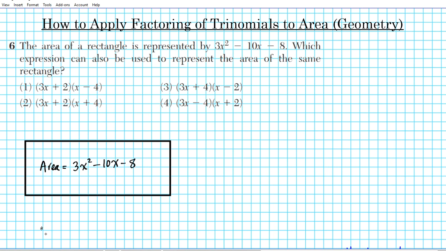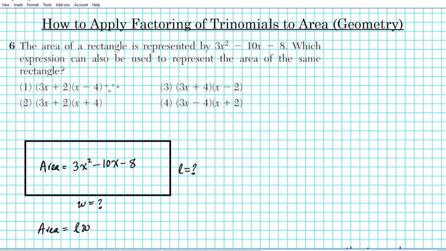And from geometry, we know that the formula for area is length times width. So what binomial expressions can we use to represent the width of this rectangle and the length in such a way that when we apply this geometry formula, area is equal to length times width, we will end up with this quadratic trinomial?